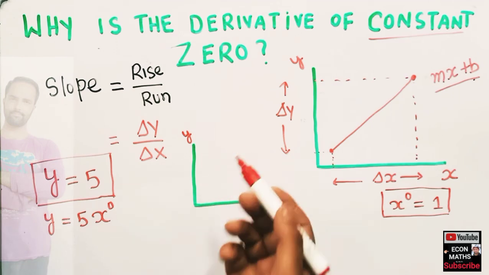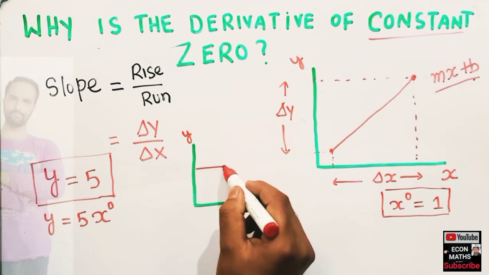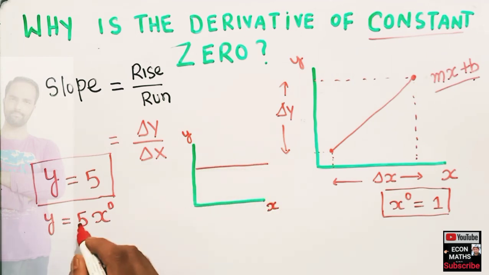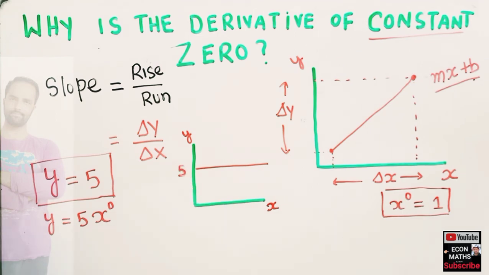Now if I want to draw the graph of this line, the graph will simply be a straight horizontal line, and its intercept is 5 here. Why? When x is equal to 1, in this equation our y will be equal to 5 into 1 raised to the power 0, and it will simply be equal to 5.